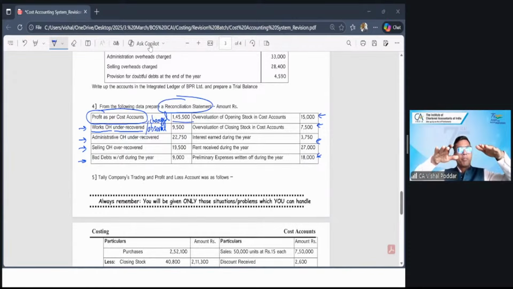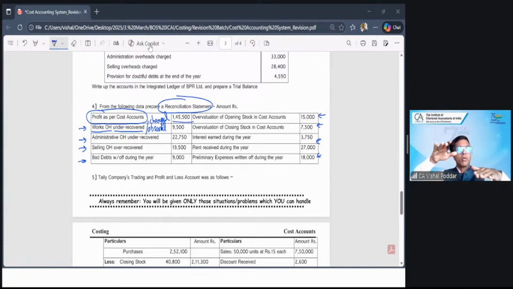Now, what is said? That the expense is under charge, which means what? The expense is higher in financial books. That is why it is under charge. Now, if it is higher in financial books, what will be the impact on financial profit? Financial profit is less. Why? Because the expenses are higher in financial books. So financial profit is less.